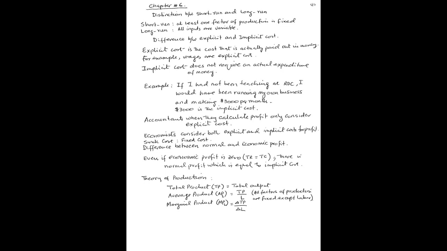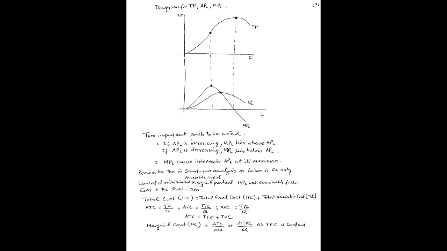What you need to know is economic profit is when you subtract both explicit and implicit costs from total revenue. When economic profit is equal to zero, it means the firm or sellers are making normal profit. Let me upload another file, and then I'll come back to this topic again. First, let me finish that topic: explicit cost, implicit cost, accounting profit, economic profit, and normal profit. Normal profit means when economic profit equals zero.